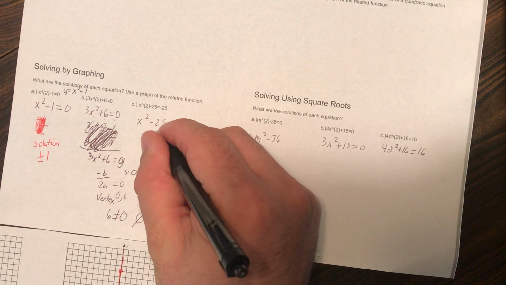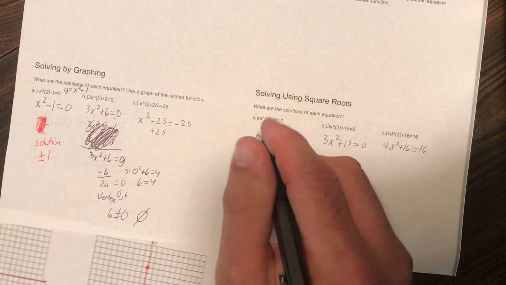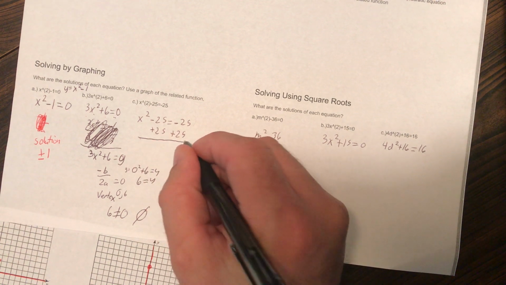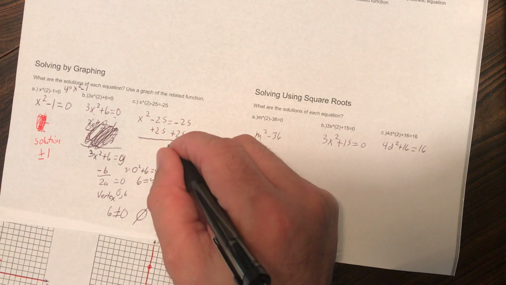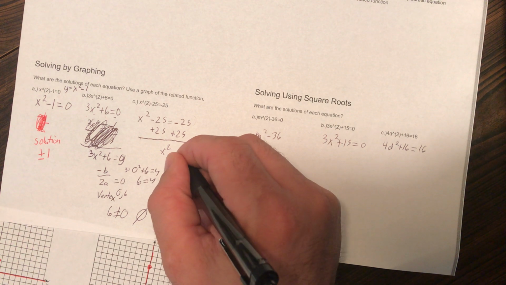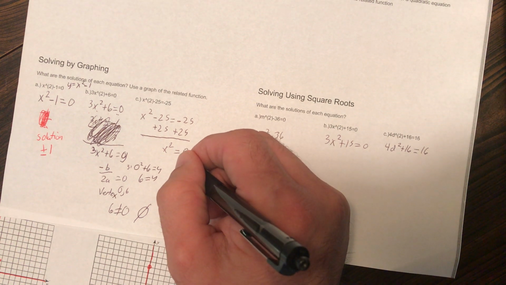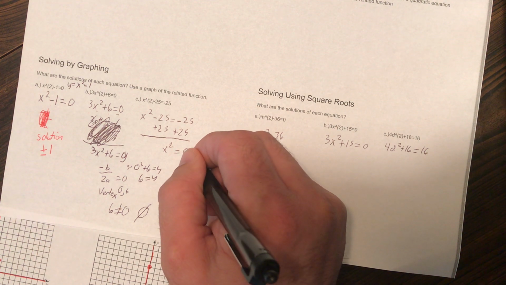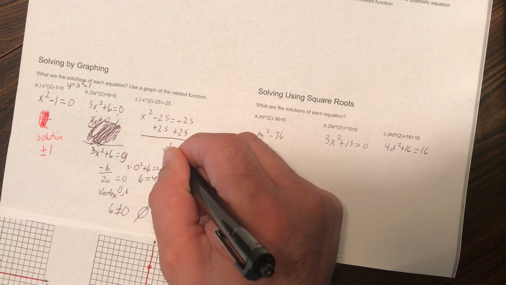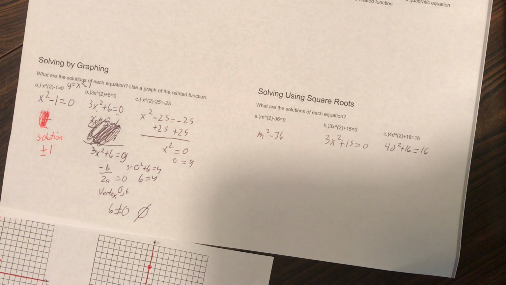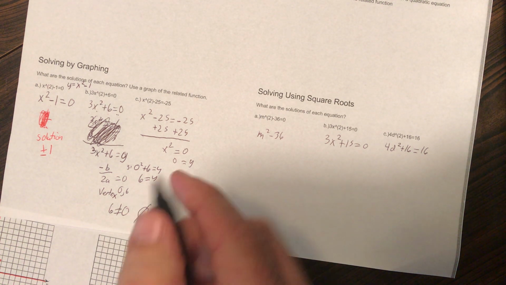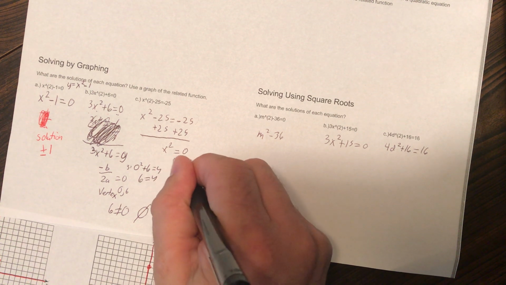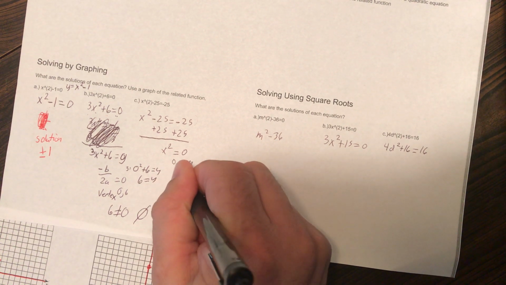Okay, now, the third one, I guess, you're going to add 25 to both sides. You're going to get x squared equals 0. So if you go y equals x squared, you're going to get (0, 0).